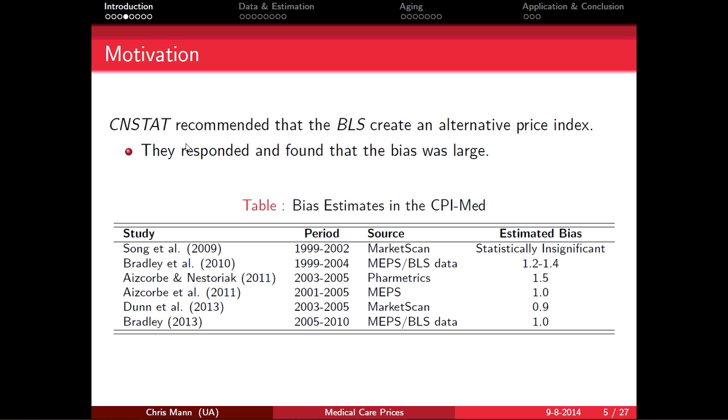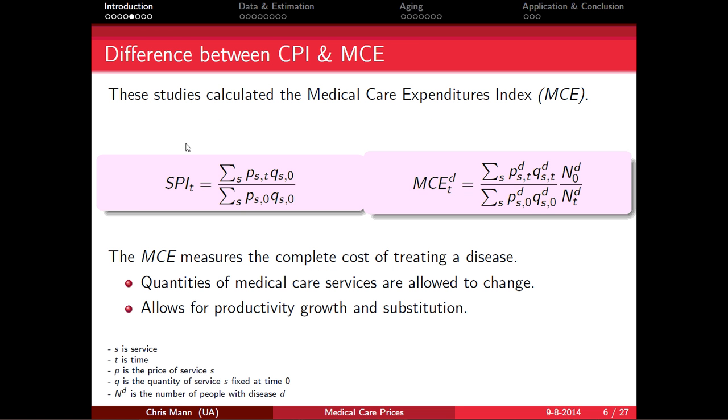So let's investigate this a little bit further. Okay. What I've shown here is the service price index on the left, which is essentially how the CPI for medical care is calculated.